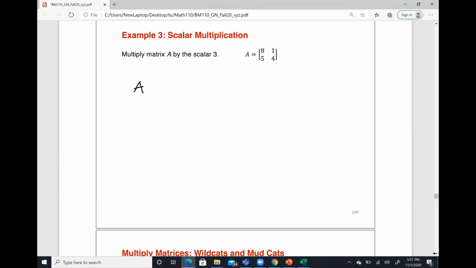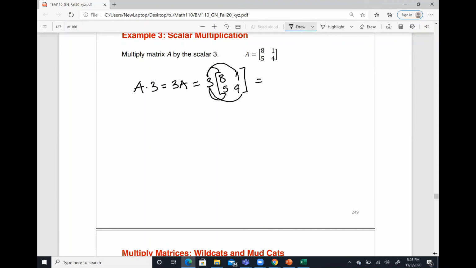So I have 3 multiplied by A, and that's going to be 3 multiplied by 8, 1, 5, 4. What you do is multiply the number 3 with each entry here, like you do distribution.